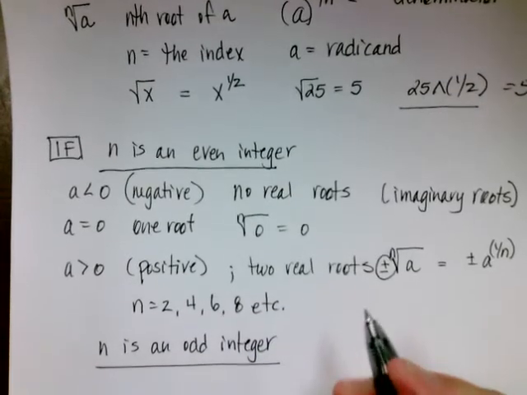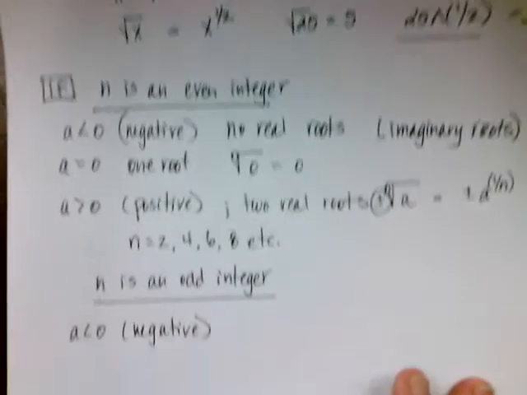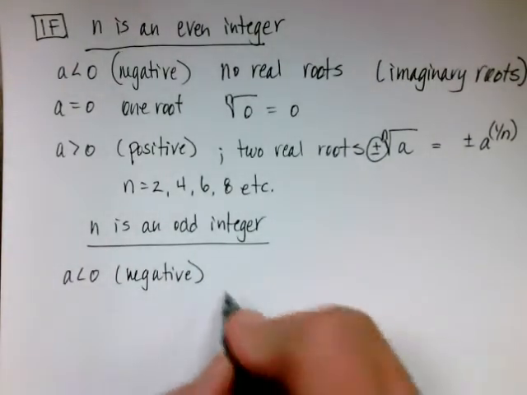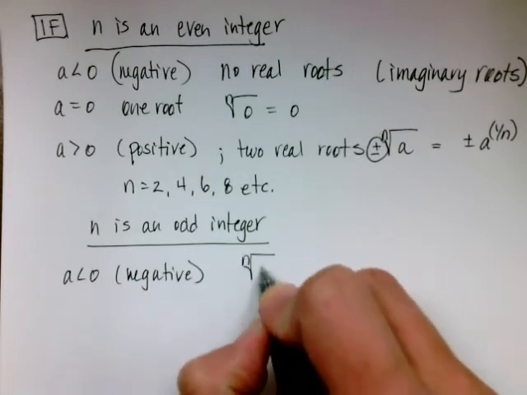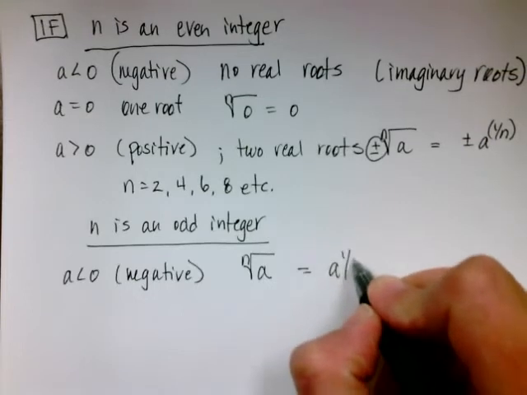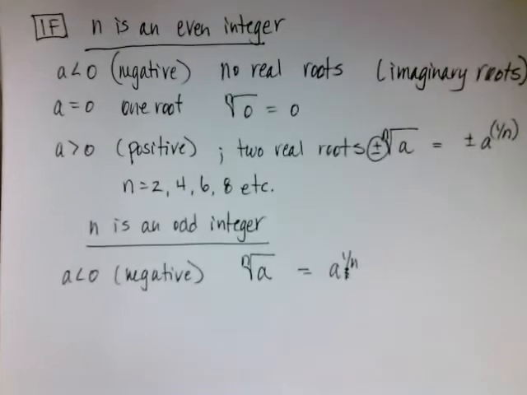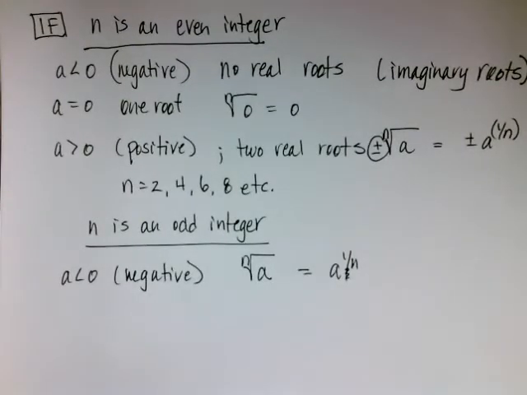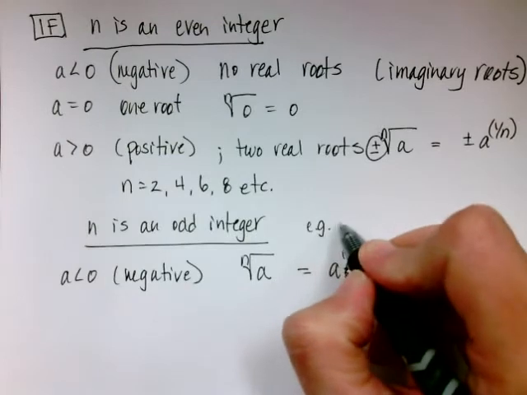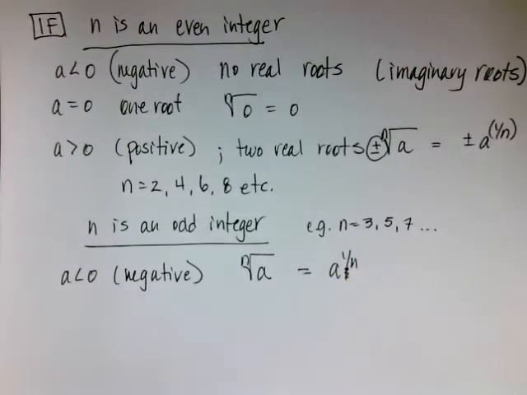If n is an odd integer and a is less than 0, which means that it's going to be negative, then the nth root of a is going to be the same thing as a to the 1 over n. So n is an odd integer, for example, it could be a 3, a 5, a 7, something like that. Those would be our odd integers.